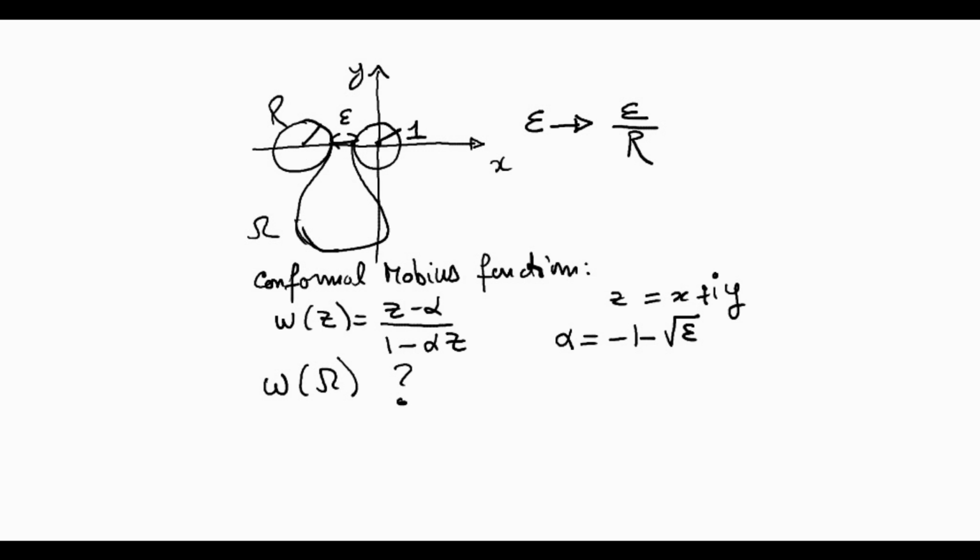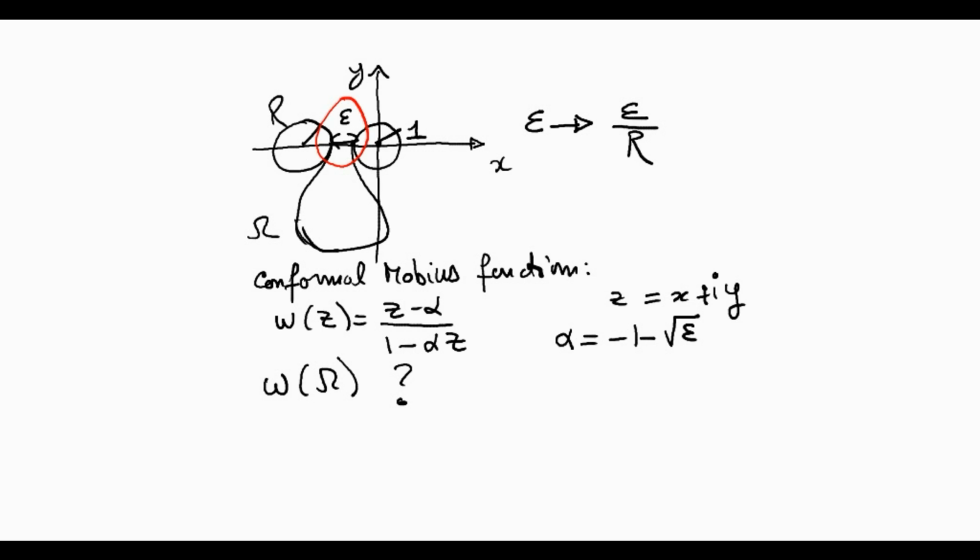So for this, we are going to use the classical properties of conformal mapping. And so in this example, for example, the piece here, which I'm going to show in red. So what is the map of this?